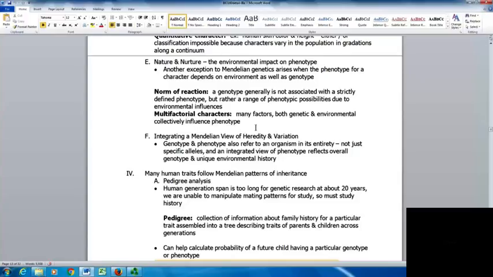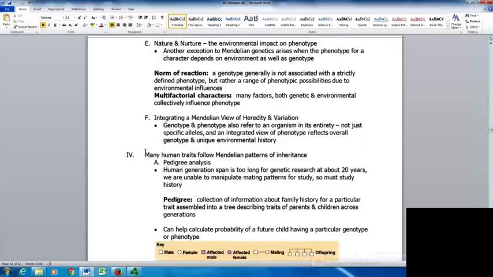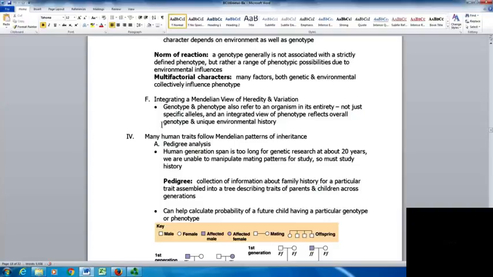With multifactorial characters, you have many factors, both genetic and environmental, that are going to end up influencing the phenotype. So genotype and phenotype also refer to an organism in its entirety, not just specific alleles. In an integrative view of phenotype, it reflects the overall genotype and the unique environmental history.